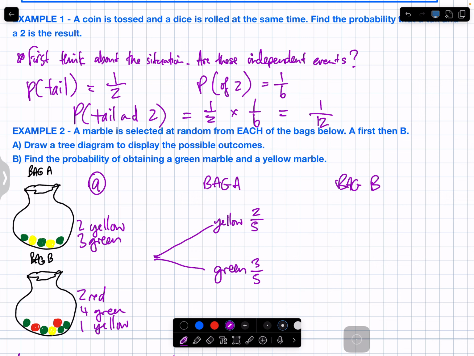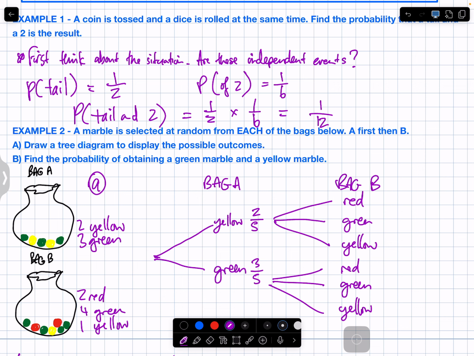How many branches do I need for bag B? 3. 1, 2, 3. Let's do it in that order. Red, green, yellow. Once I've selected from bag A, I also have 3 branches here. Red, green, yellow.